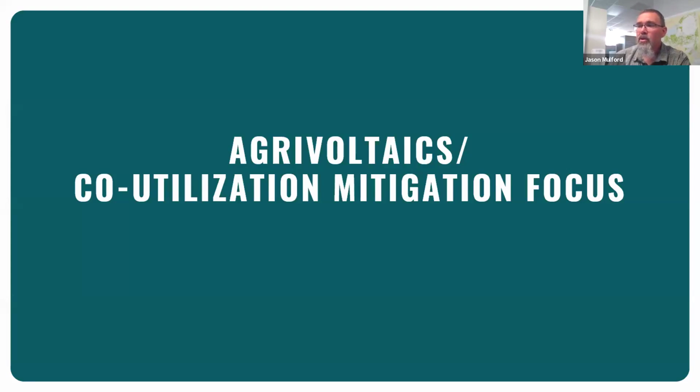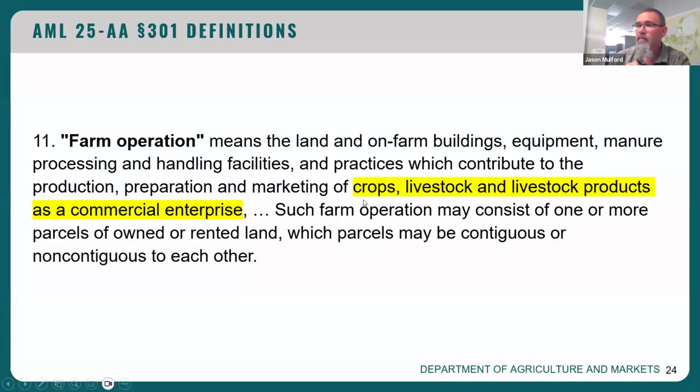Agrivoltaics and co-utilization. I want to alert everyone that the department looks at this generally as a mitigation. Instead of fee mitigation, can agrivoltaics be utilized in place of fee mitigation at times? How we do that, we think of it as it's gotta be relative to a farm operation.